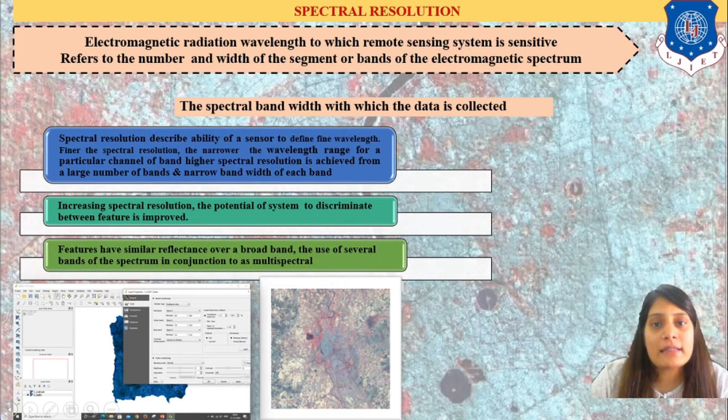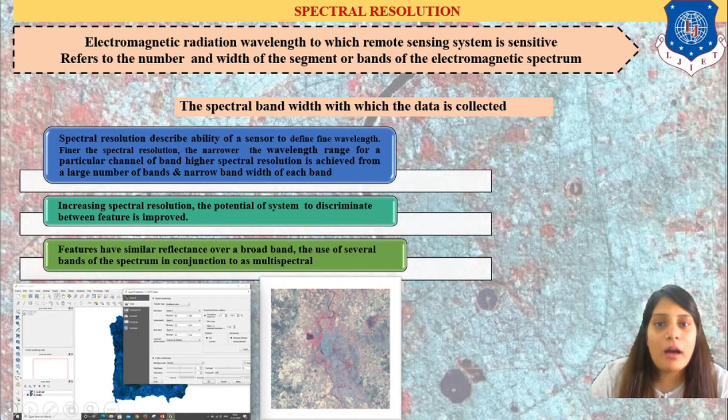Various sensors have various band combinations. So if I want to know the information related to vegetation, I need to try the probable combinations of bands, and I will be able to see the image with the maximum vegetation in it.